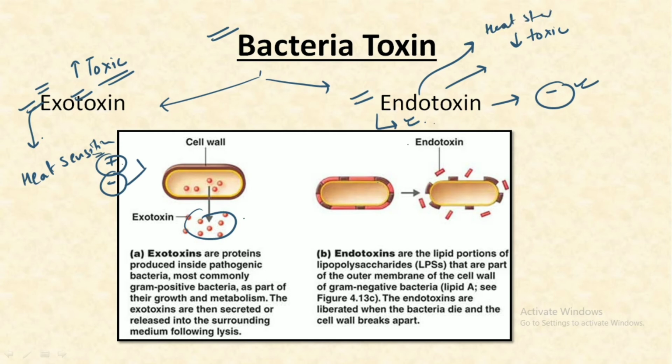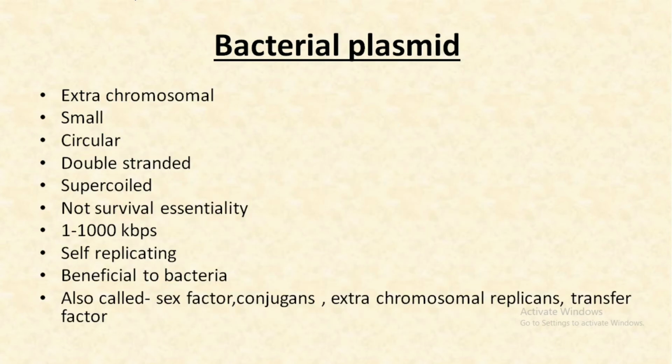And this is the reason why, when we encounter the exotoxin, we do not have a fever as an outcome of the microbial infection, but when we encounter the endotoxins, our body majorly shows the symptom of fever in order to highlight that there is some foreign particle entry into our body. So this was all about the bacterial toxins.